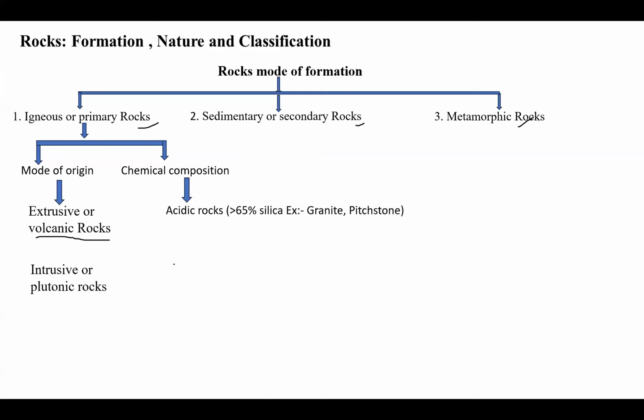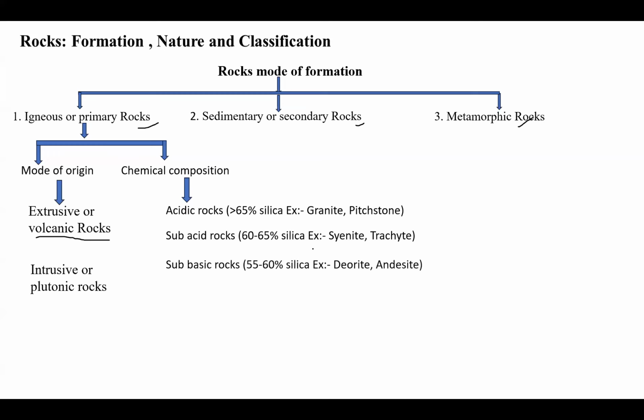Based on the chemical composition, there are acid rocks, which contain more than 65% silica, for example granite and pitchstone. Followed by the subacid rocks, consisting of 60 to 65% silica, for example syenite and trachyte. My apologies for the pronunciation.